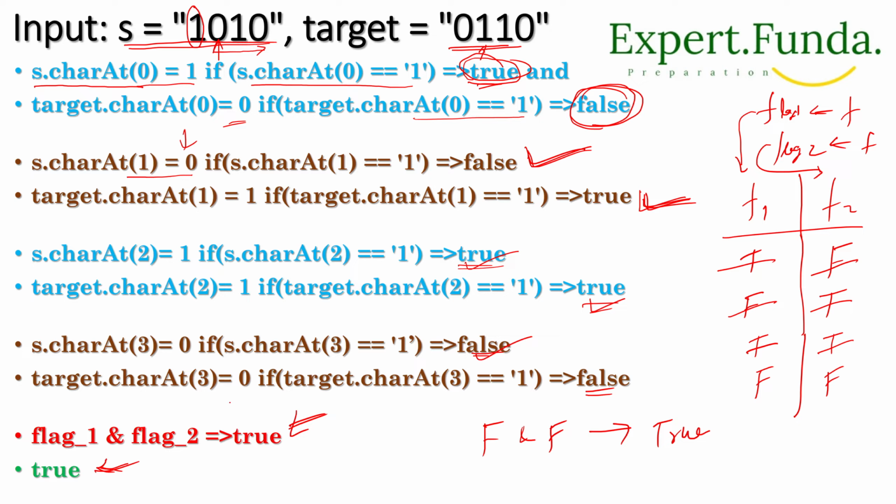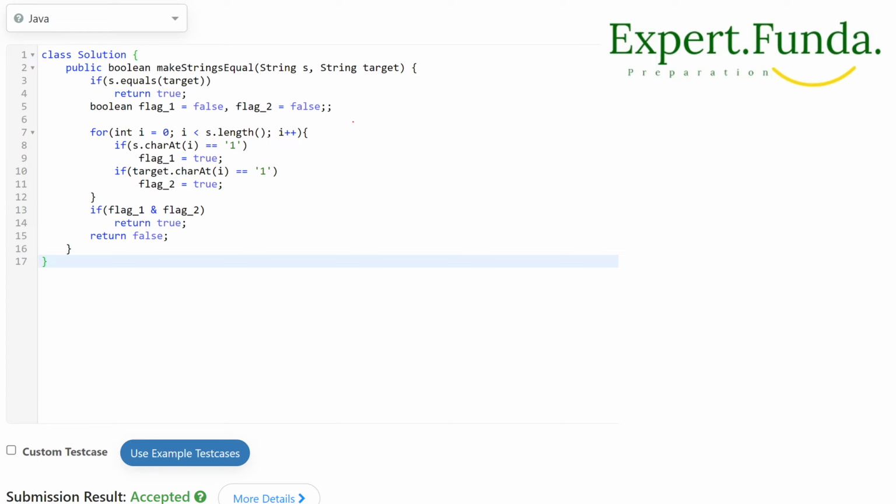Let's go to the coding part, right? So what we have here, we are given s and target, right? So first we will check if both strings are equal. It means let's suppose we are given 0 0 0 0 in s, these are the characters, and target is also given like 0 0 0 0, correct? So both are the same, right?